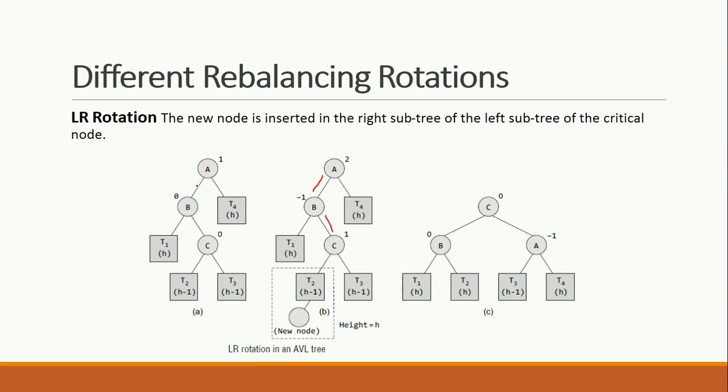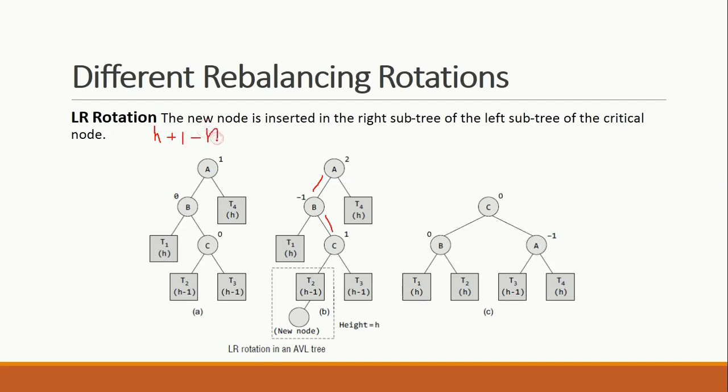Now for A, see, this is the entire length. Up to here it is 0, so the height would be h up to here. So plus 1, that would be h plus 1 minus h. It will result as a plus 1.